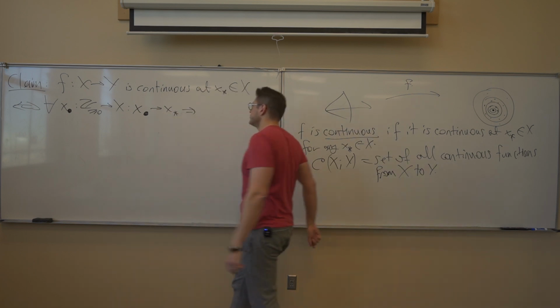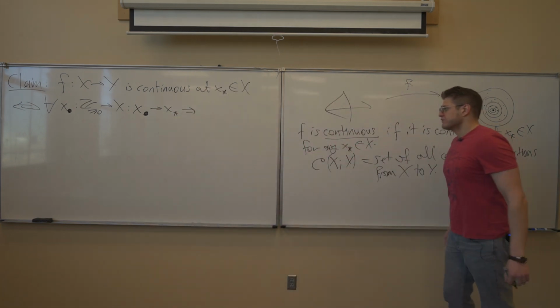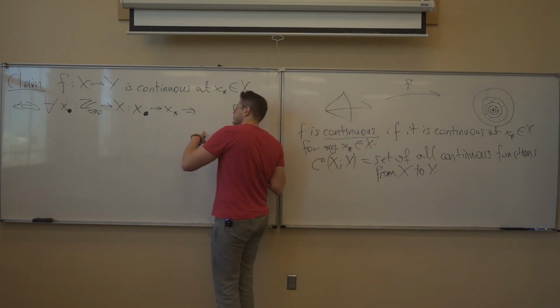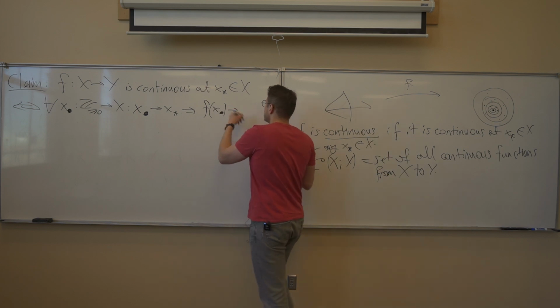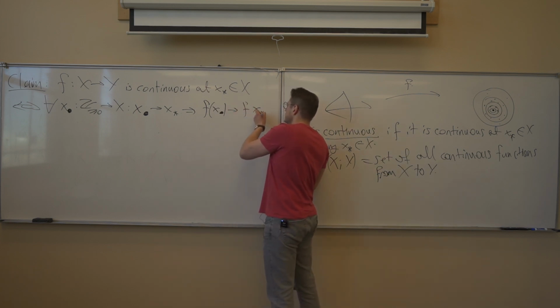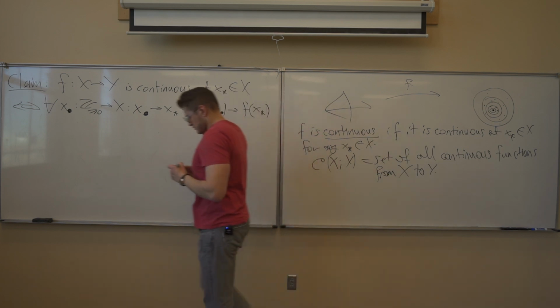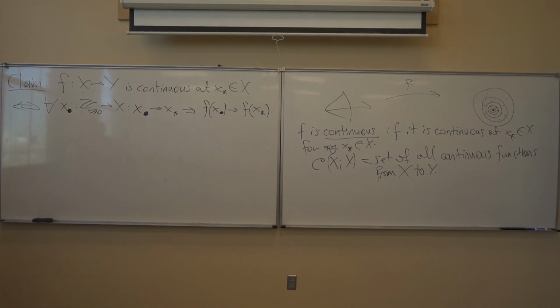If x bullet converges to x star, then f of x bullet I want to converge to f of x star. In other words, f has preserved limits.